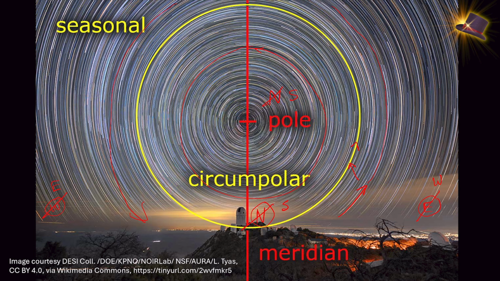So what happens then? These stars that circulate around the southern celestial pole circulate clockwise. So now these guys are going around in this direction, in a clockwise direction.